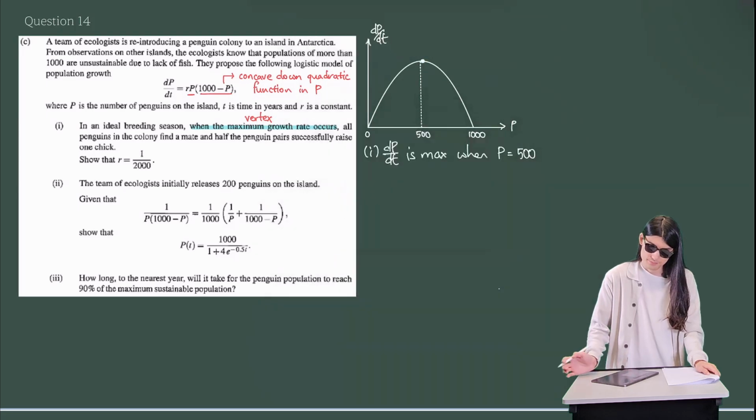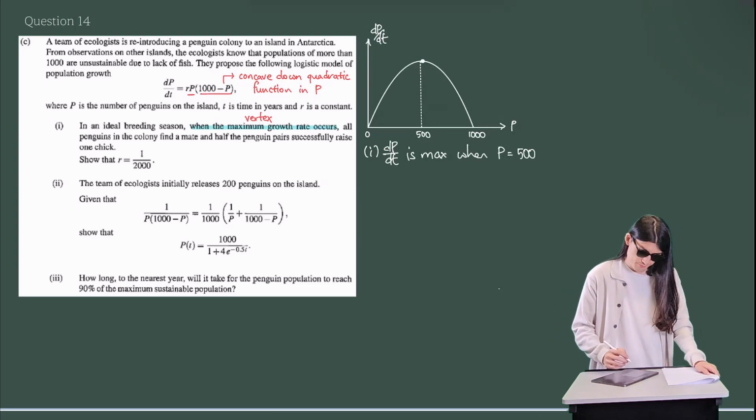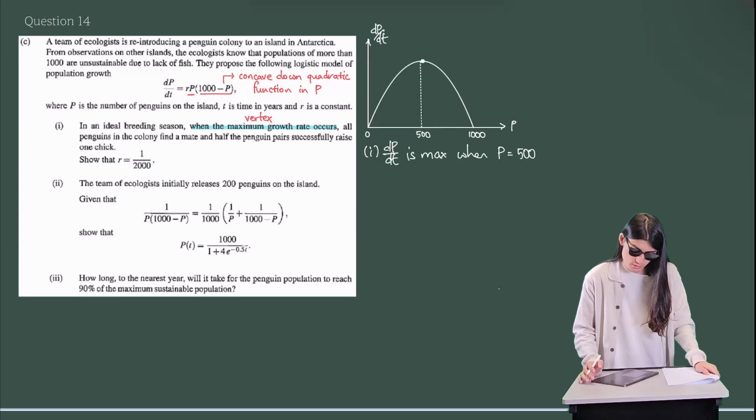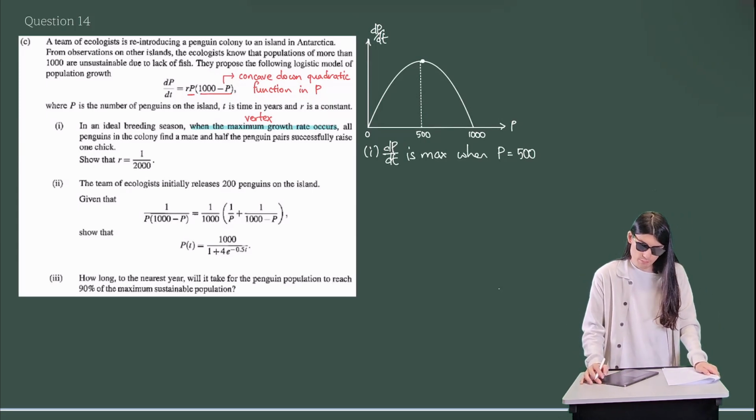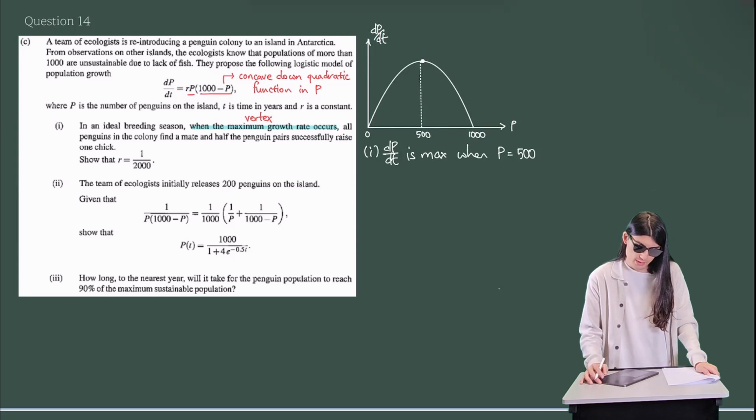And then it says, at this point, when the population is 500 essentially, all penguins in the colony find a mate, and half the penguin pairs successfully raise one chick.